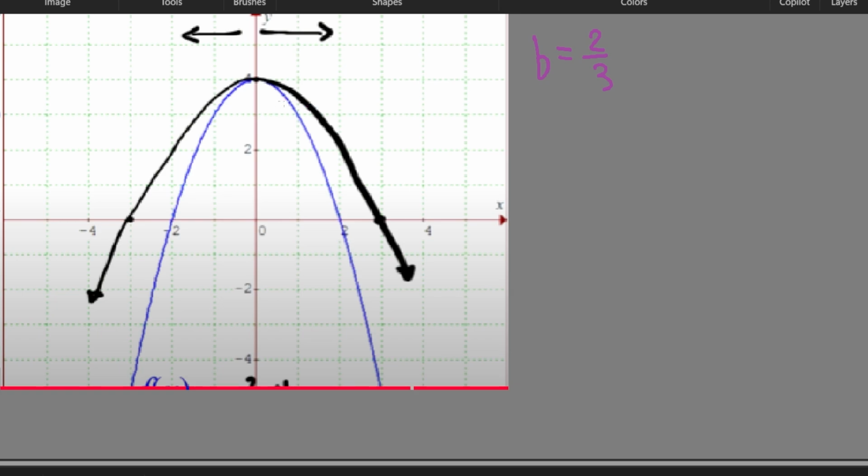Because remember, we found what b was in the equation, but when we map this out in mapping notation, we're going to take the opposite of the equation. So that'd be 3 over 2 x, y. And the invariant point would just be when x is equal to 0.